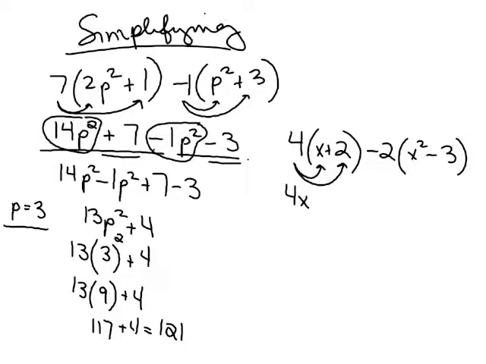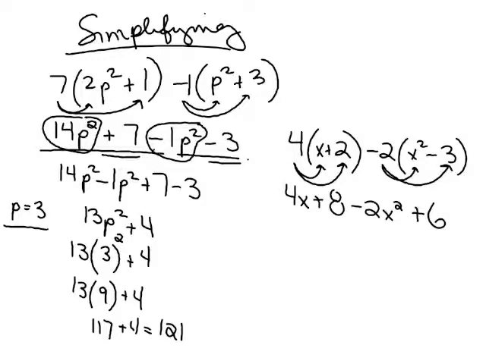And then 4 times 2. Then distribute my negative 2. So negative 2 times x squared. Negative 2x squared. And negative 2 times negative 3. 6. Okay, where are my like terms?